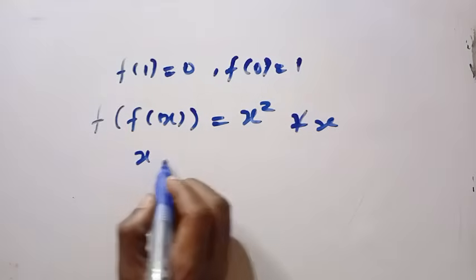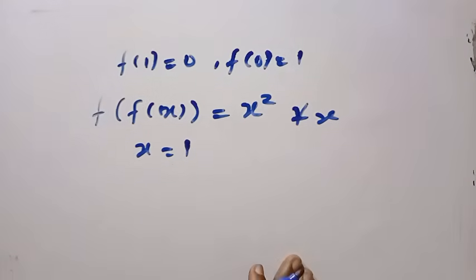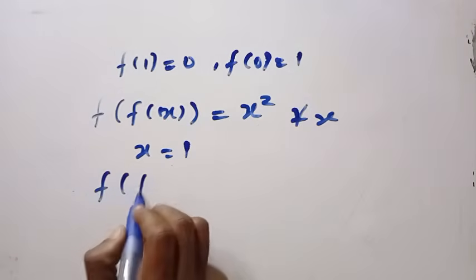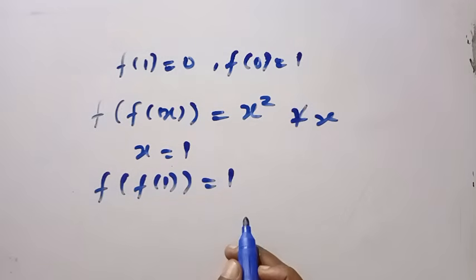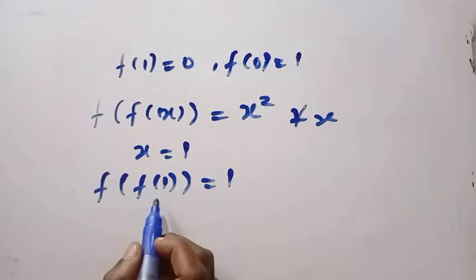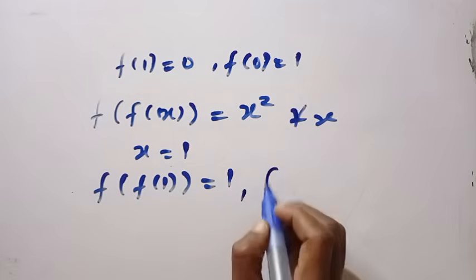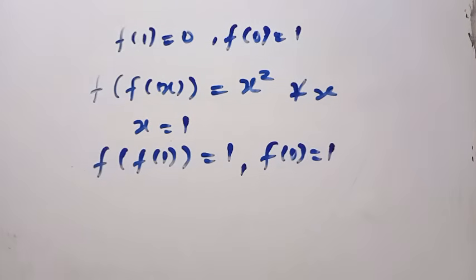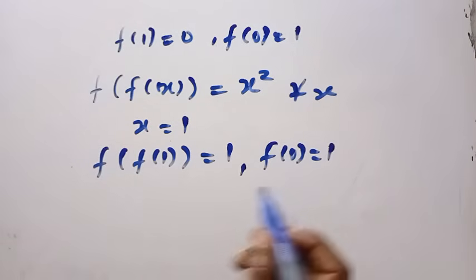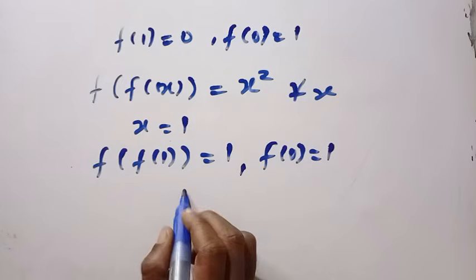Now let's check. Suppose we have x equals 1. So f of 1 equals 1 squared, and from f of 1, that gives us 0. So therefore our f of 0 equals 1. So this is satisfied.